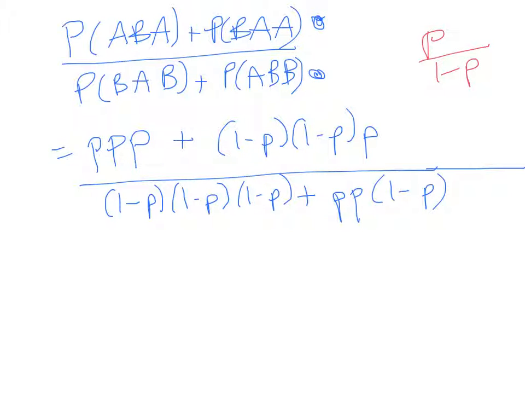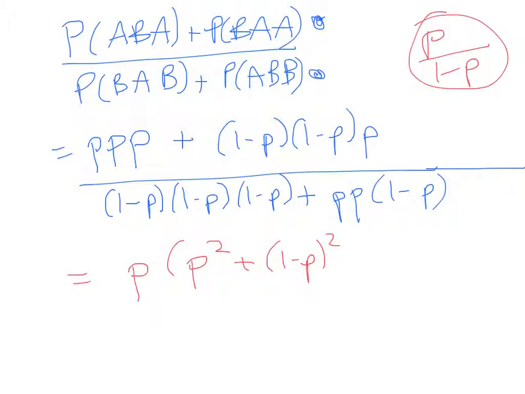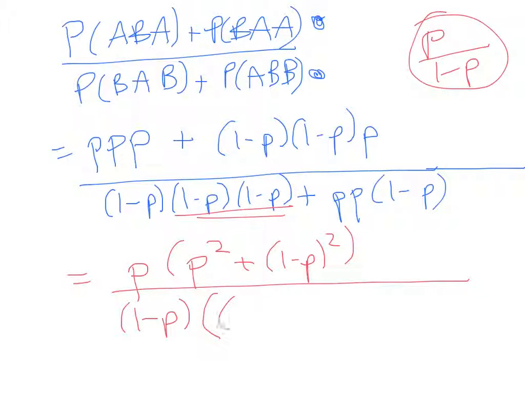So it would be really nice if we could take some common factors out. That will leave me with this sitting out the front. And we can do that like this. So we get P into P squared plus 1 minus P squared on the numerator, and in the denominator I'm going to take out a common factor of 1 minus P, and here I have got 1 minus P squared plus P squared from here.